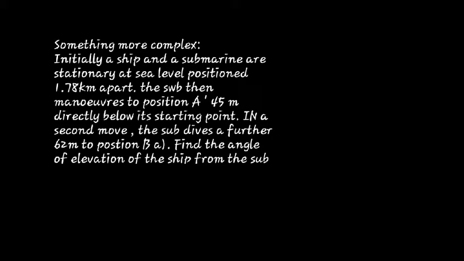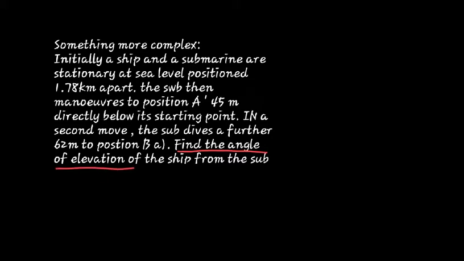In a second move, the sub dives a further 62 metres to position B. Find the angle of elevation of the ship from the sub. That's the first part. Let's underline and circle. Okay, so our question is here, find the angle of elevation.